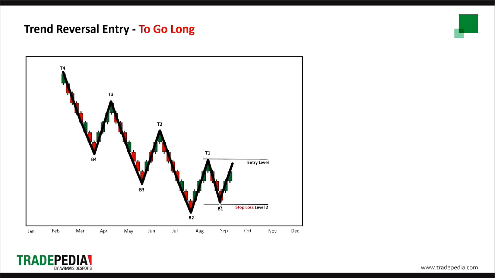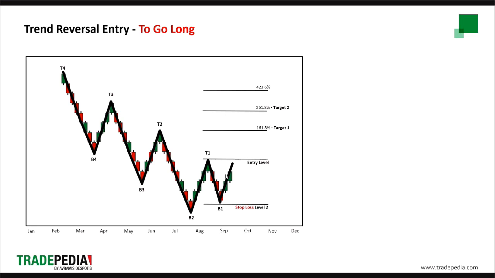We will use Fibonacci for our targets. We will use Fibonacci extensions, not retracements, from T1 to B1. We will draw Fibonacci from T1 to B1, and we will take the extension of 161.8% of this move, and then 261.8% of the same move, and 423% as our targets.